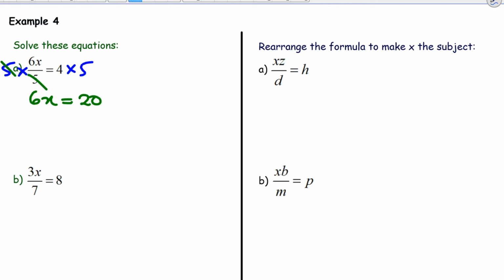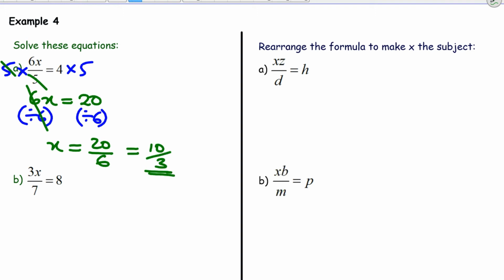The next step is dividing by 6. Okay. We divide by 6 on each side. Now 6 divided by 6 is 1. So that's gone. So x will be equal to 20 over 6. And you can simplify that further to give you 10 over 3.